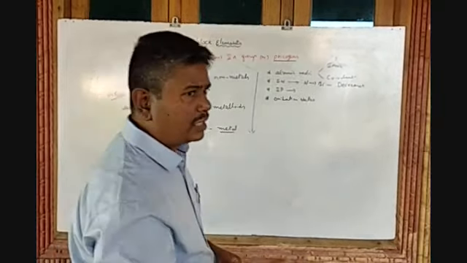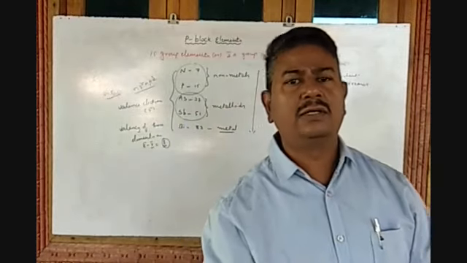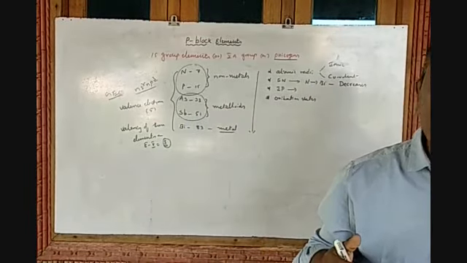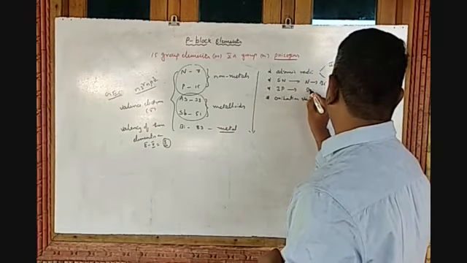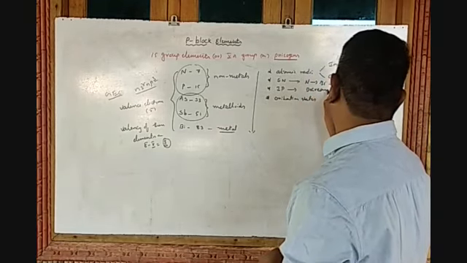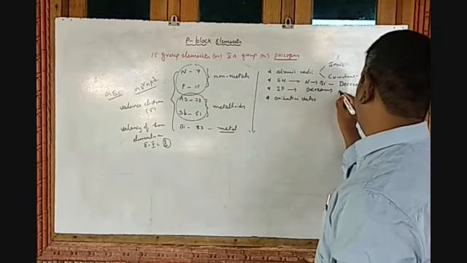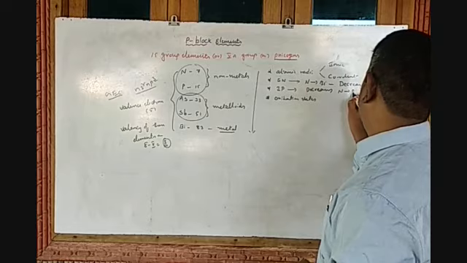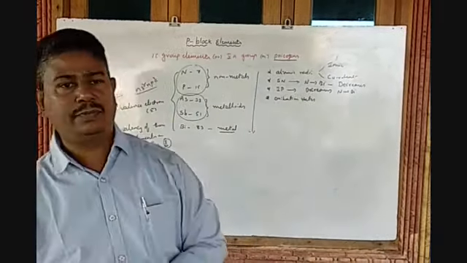Whenever the atomic size increases, the nuclear force of attraction decreases, so automatically the ionization potential values also decrease from nitrogen to bismuth. Clear?